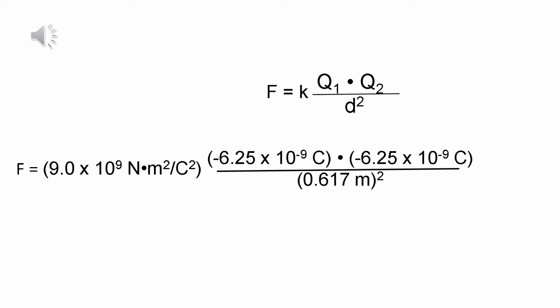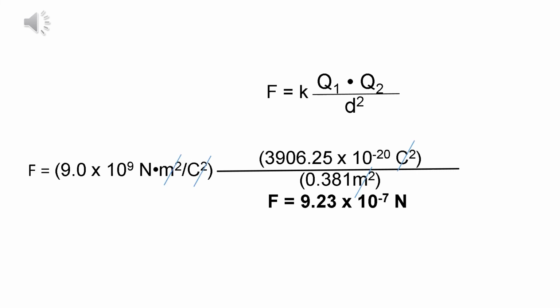And the value of distance is 0.617 meters squared. So what we're going to do first is to cancel all the same units. As you could observe here, the same units are meter squared and coulomb squared. Kaya ang matitira na lang dyan ay Newton.